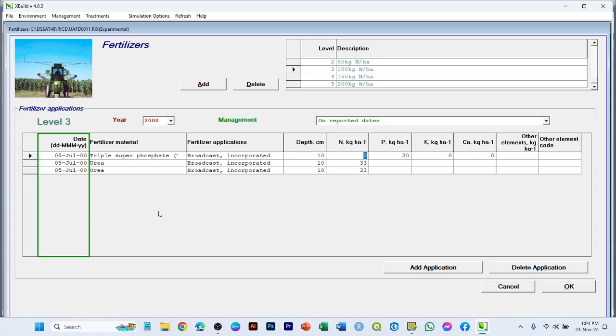It's up to you. For example, at irrigation level, because the application method is different. In case of broadcasting, the depth of application is zero, only on the surface.